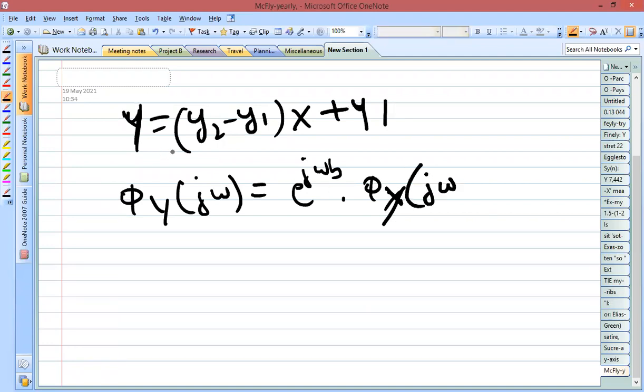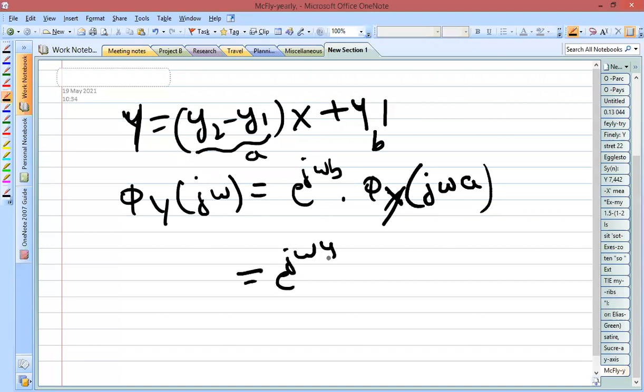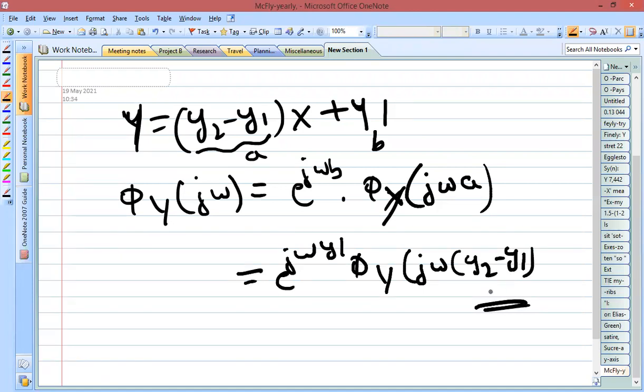Here a is y2 minus y1 and b is y1. So we'll write phi y of j omega as of now. In the next step, e to the power j omega b is replaced as e to the power j omega y1, into phi x of j omega into (y2 minus y1). For this we have to simplify and get the characteristic function.